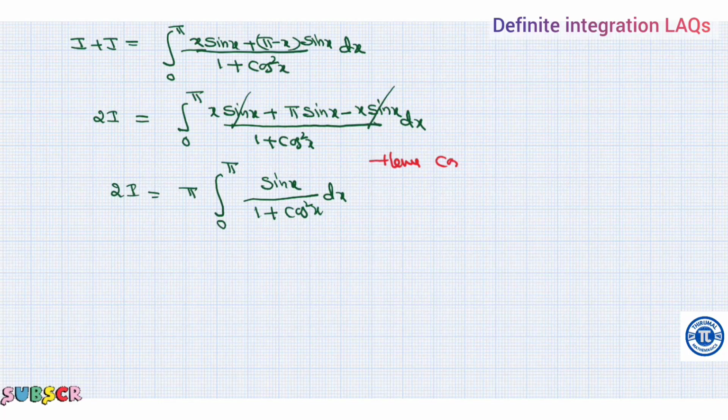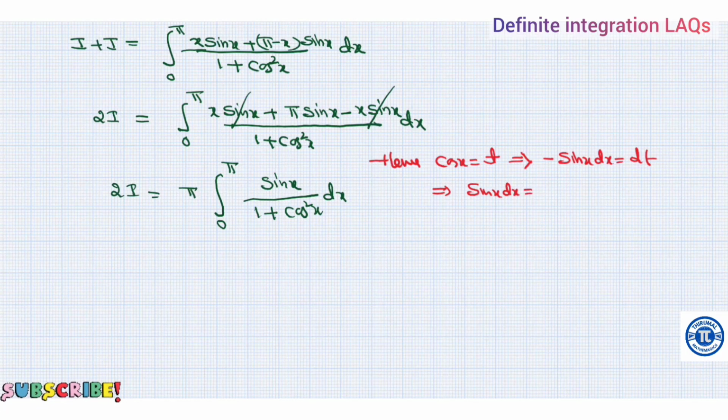Here let cos x equal t. Differentiating on both sides we get sin x dx equal to dt, so sin x dx is equal to minus dt. Now transform the limits.